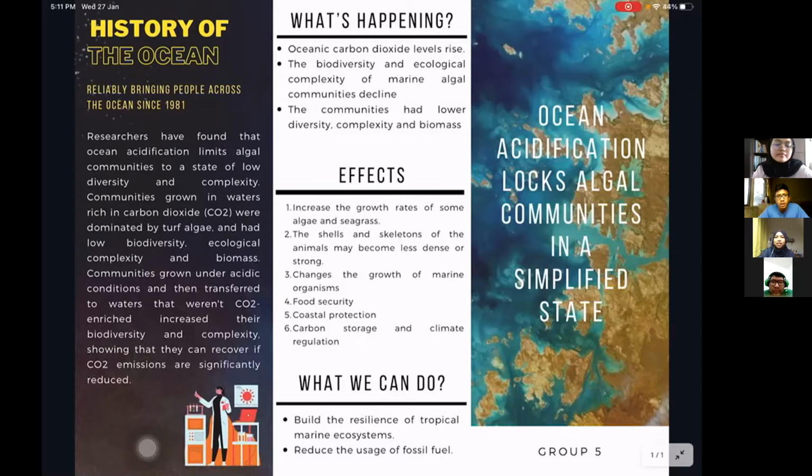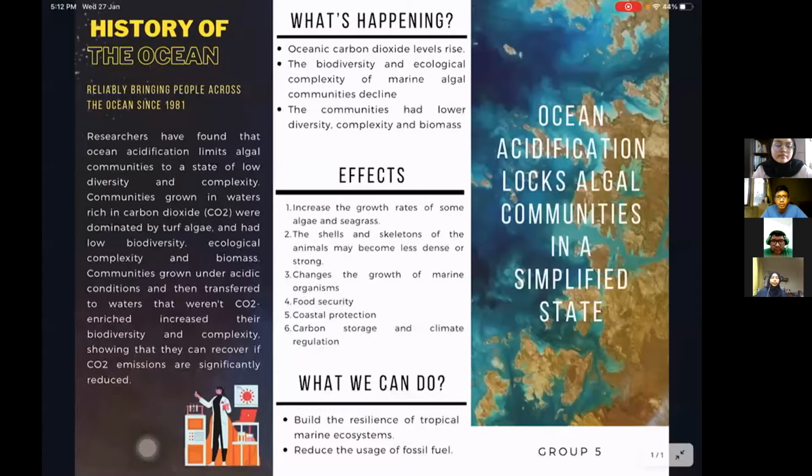So I'm going to continue about what is happening. Based on the topic, we can see that now the oceanic carbon dioxide level is rising. Ocean acidification is the continuous increase in the acidity of the Earth's ocean caused by the absorption of atmospheric carbon dioxide, CO2. Next is that the biodiversity and ecological complexity of marine algal communities decline.